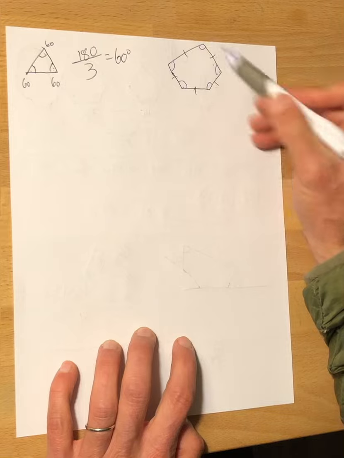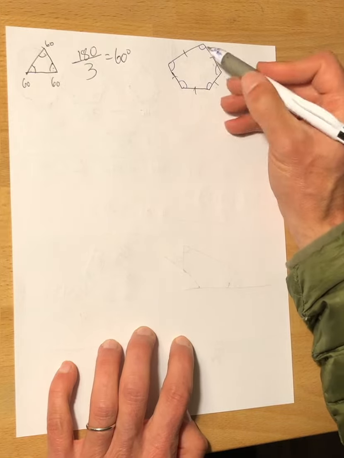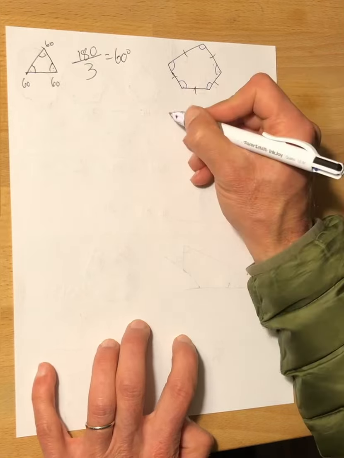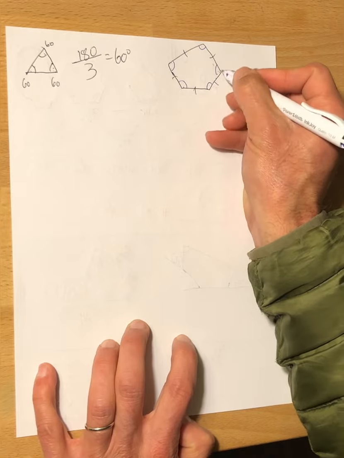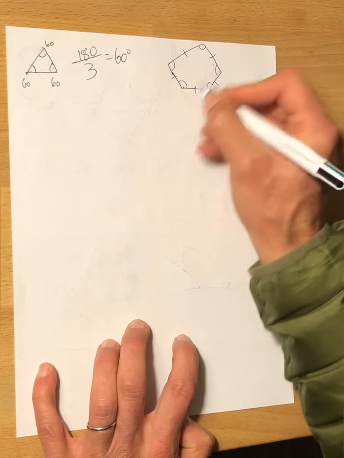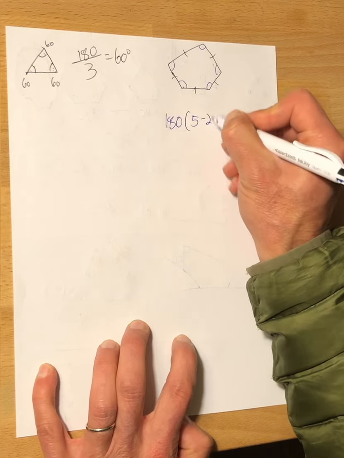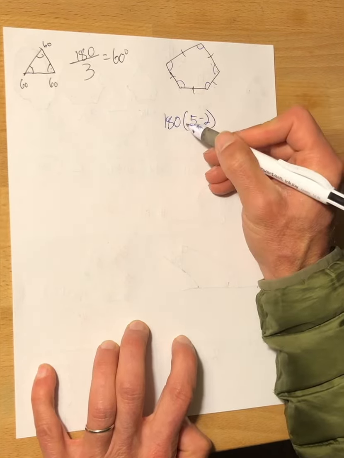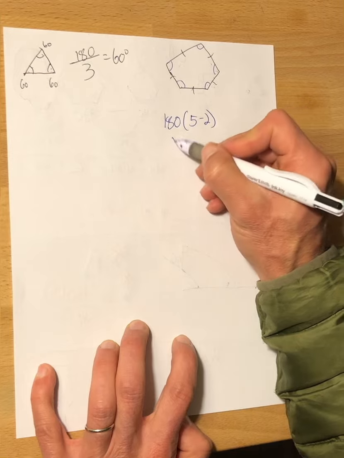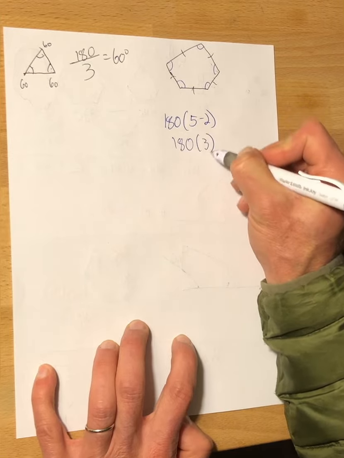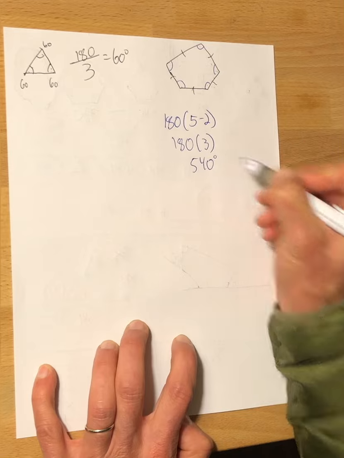Not all the angles added together. Each individual angle, well, first thing you would do is this. You would figure out how many degrees all of these angles add together to give me, which would be 180 times 5 minus 2 from the previous formula. So 180 times 3, which is 540 degrees.